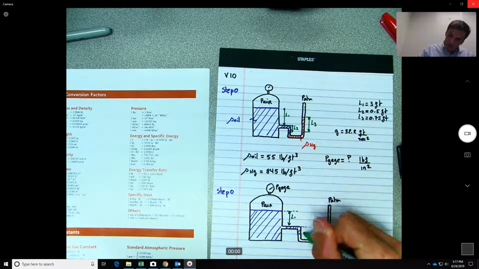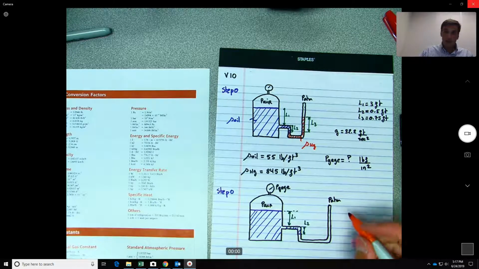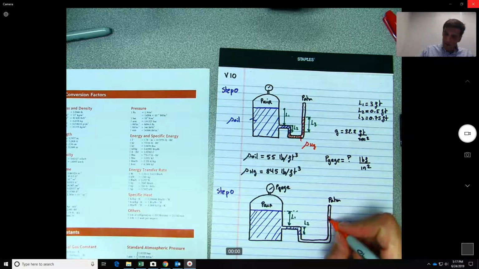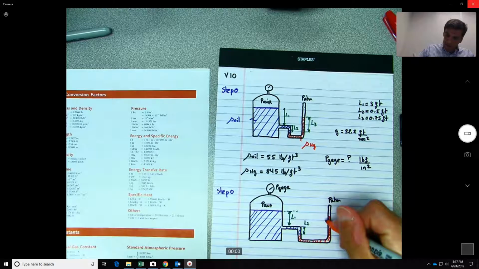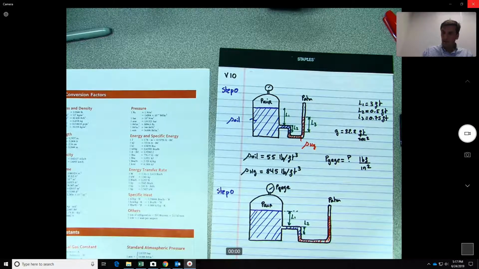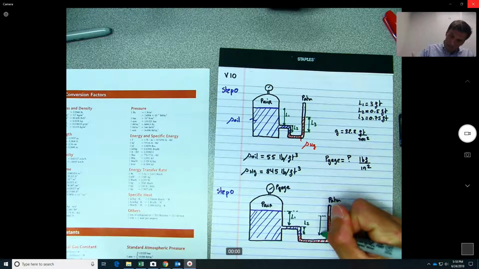L1, L2, and let's say this will then be L3.